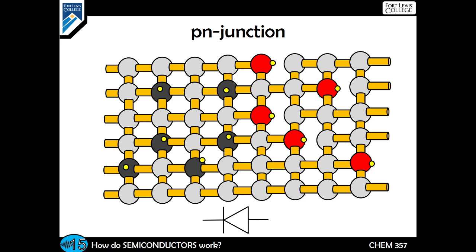And in an n-doped semiconductor, you might replace some of those silicons in the lattice with phosphorus. Phosphorus is similar in size to silicon, so it fits in the lattice. But it is in the next column over on the periodic table, so it can form 4 bonds, but then it will still have an electron left over. So this is why it is n-doped. It has these extra electron sites.